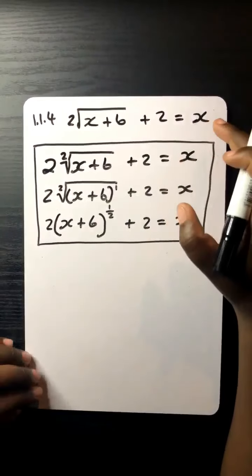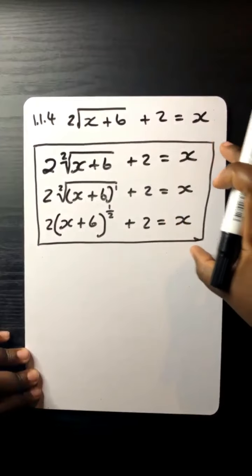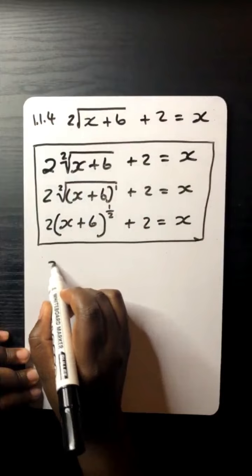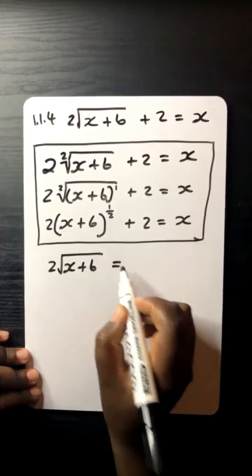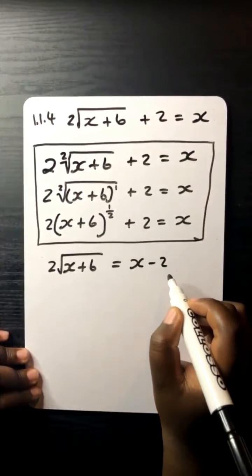So if you are in an exam, you are not going to show all of this. Straight away from there, you want to remain with that square root of x plus 6 on the left side and move everything else to the right side of the equal sign.